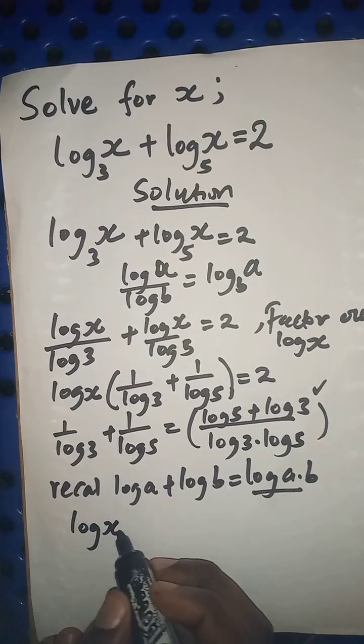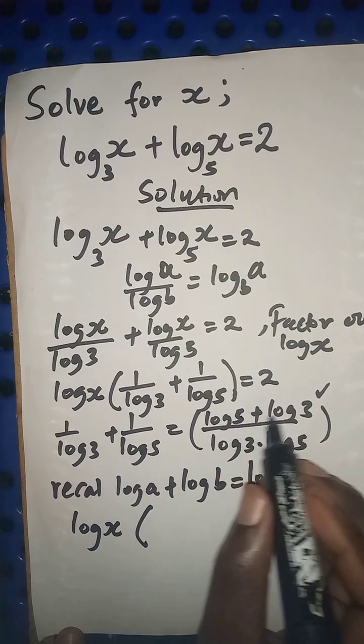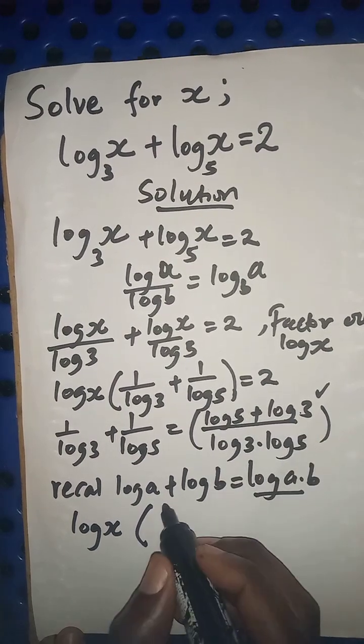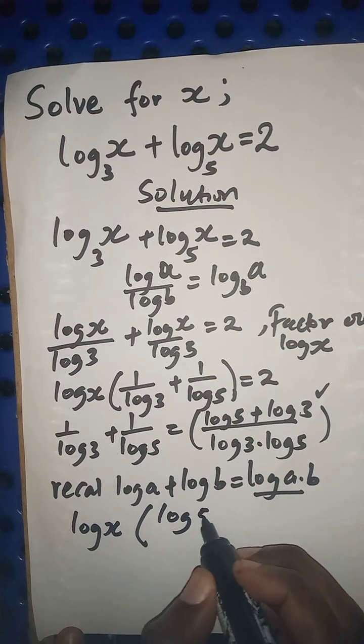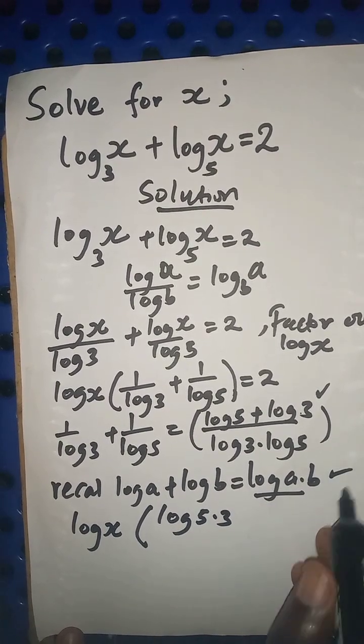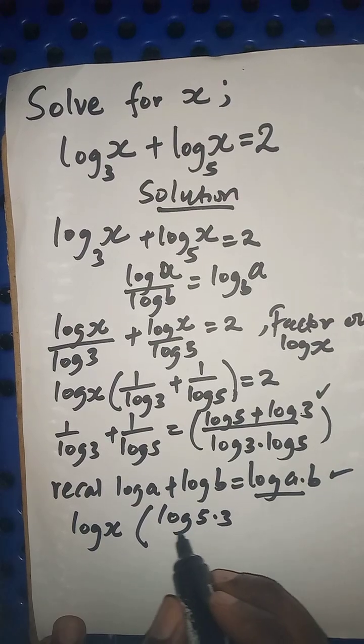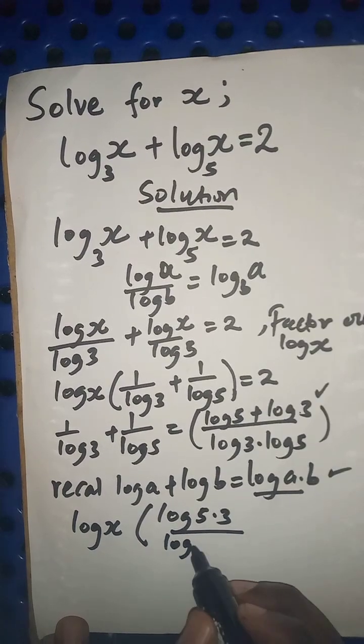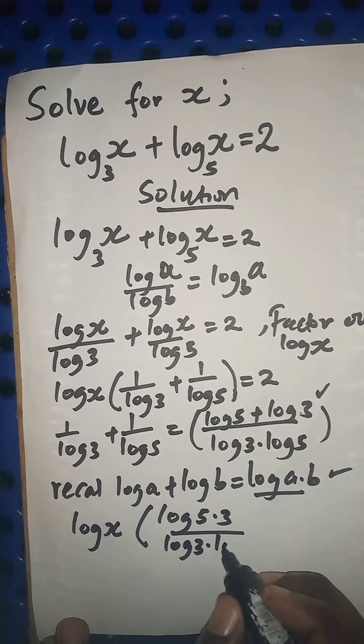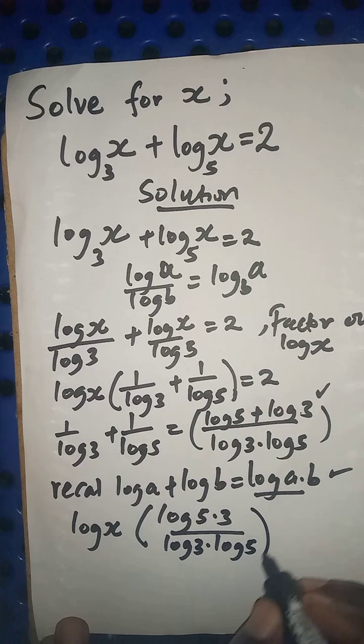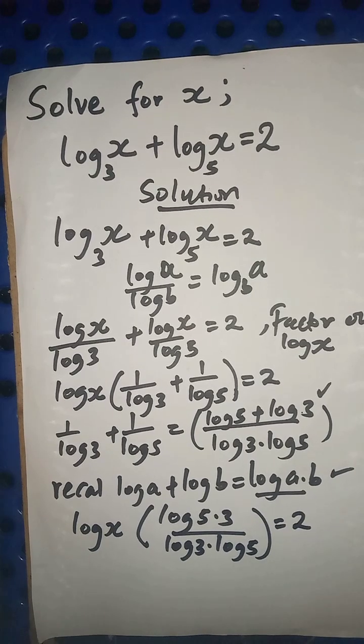So the log of x, in bracket, the numerator, I'm going to multiply the log of 5 times 3 using this relationship, everything over the log of 3 multiplied by the log of 5 should give me 2.